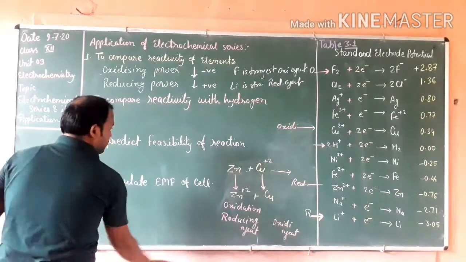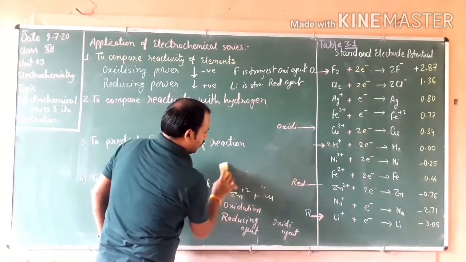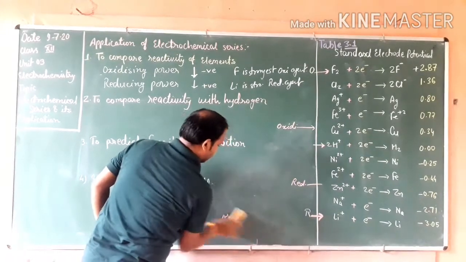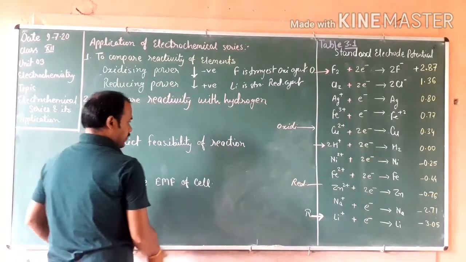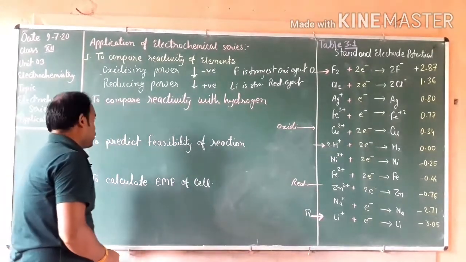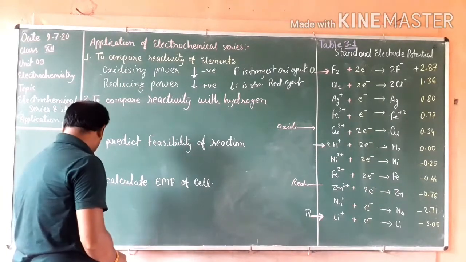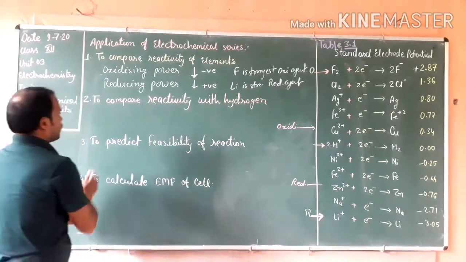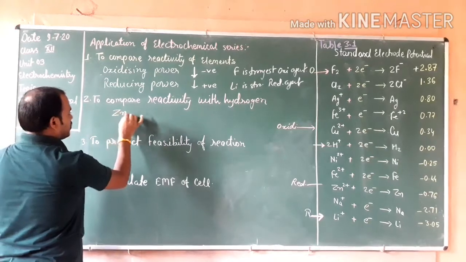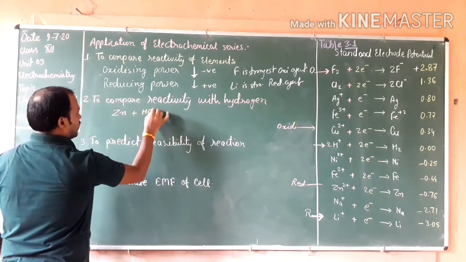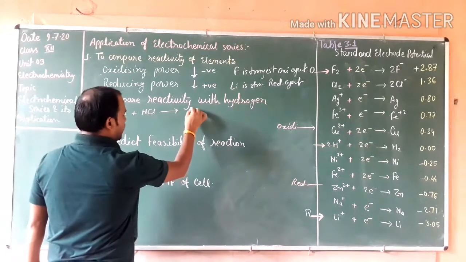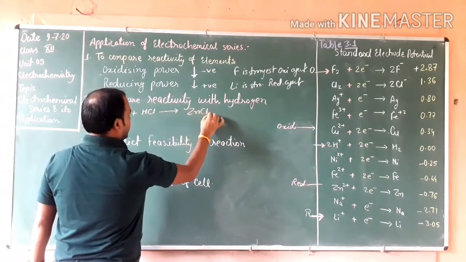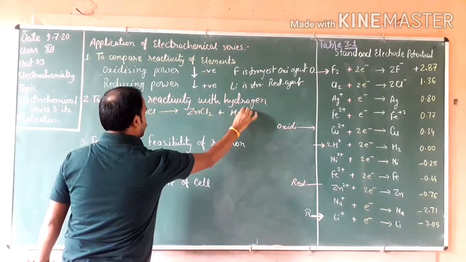So to compare the reactivity, we will take some examples. First example is zinc plus HCl, it forms ZnCl2 and H2 gas.